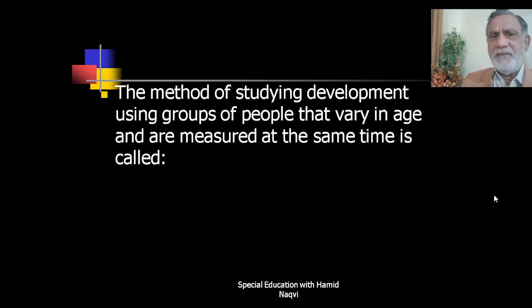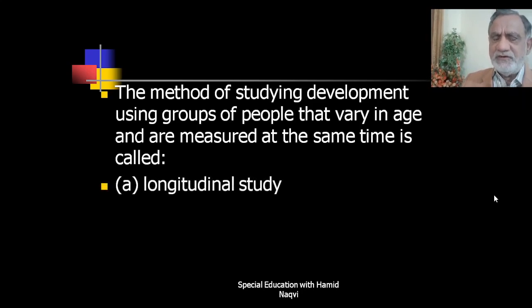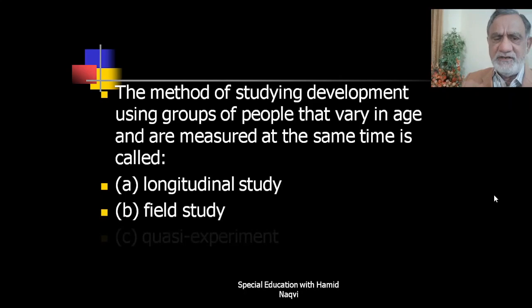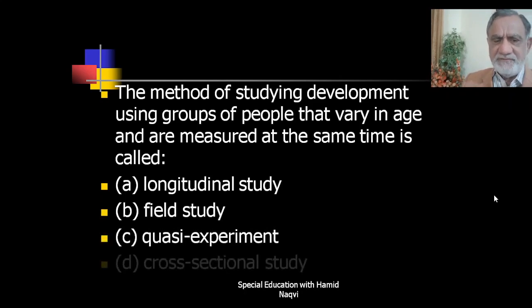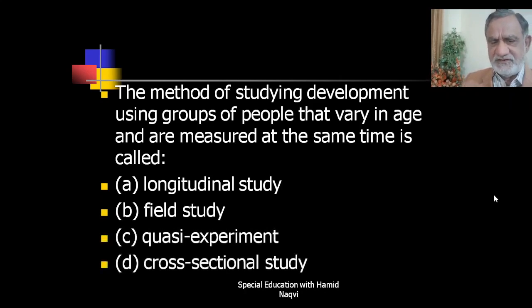Next, the method of studying development using groups of people that vary in age and are measured at the same time is called longitudinal study, field study, Cauchy experiment, or cross-sectional study. The correct answer is D, that is cross-sectional study.